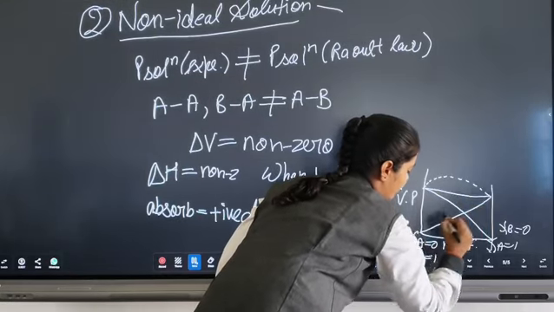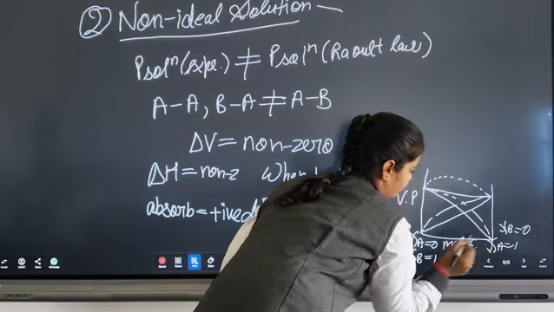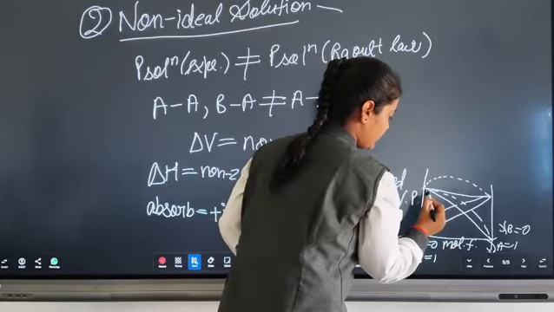In positive deviation, the graph always tends to go in the outward direction. And in negative deviation, the graph always extends inward.